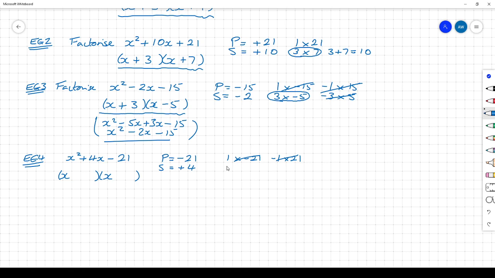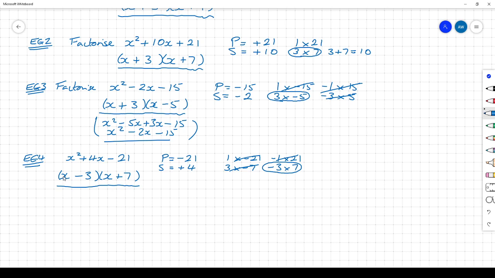So now we'll try the next one. 3 times minus 7, or minus 3 times 7. 3 plus minus 7 is minus 4, so it's not that one. Minus 3 plus 7, that's it. That equals 4. So those are the 2 numbers we need in our brackets. No sign in front means plus, remember. And there we have it.